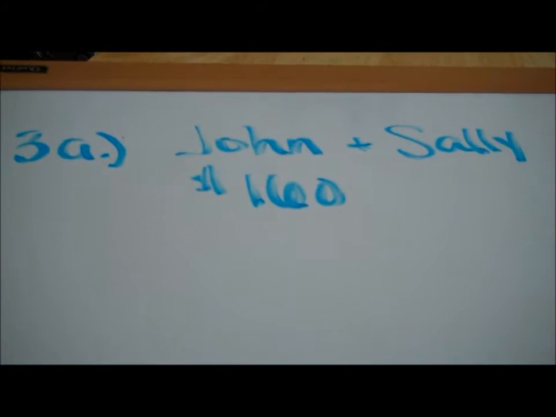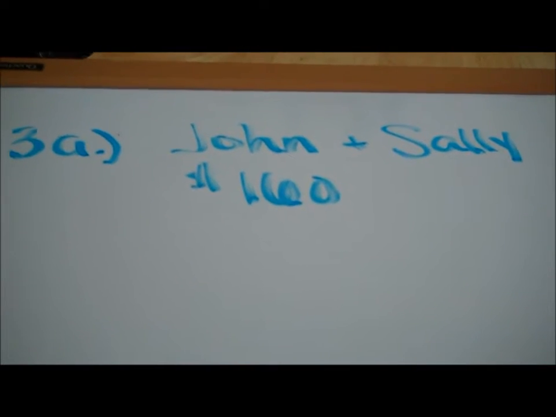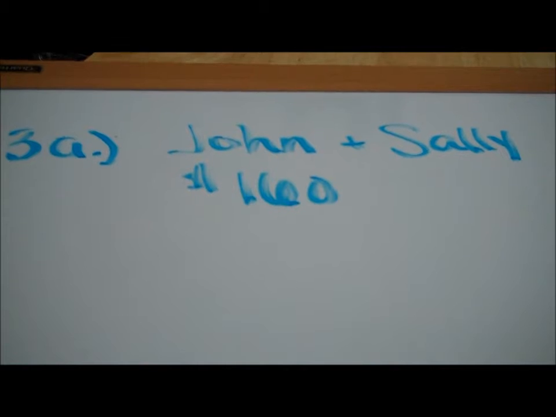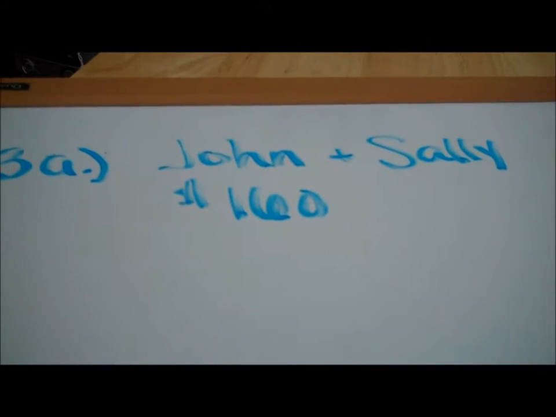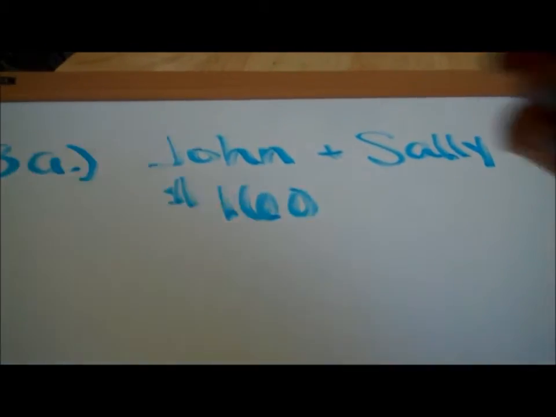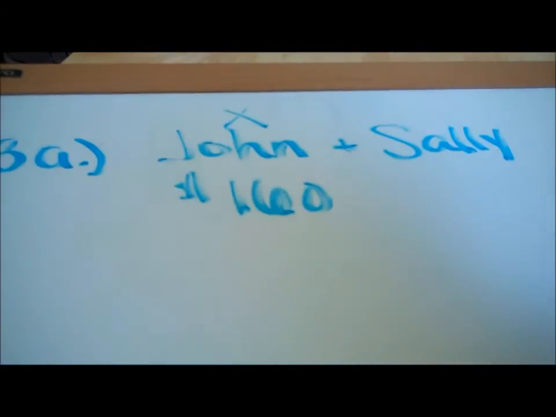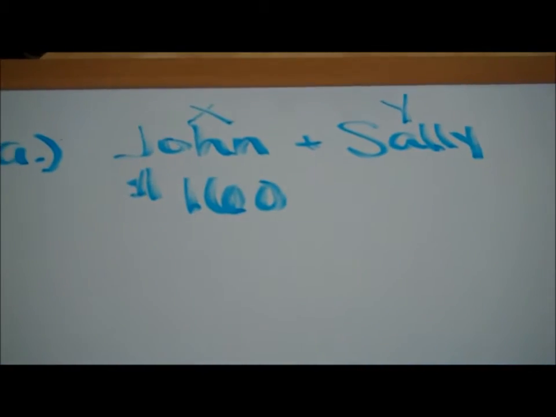Number 3A asks to write an expression for 2 unknown values. 3A says $160 is shared between John and Sally. So this is going to be 2 unknowns. We don't know what John is going to have, so we're going to have him maybe be X. Sally, we don't know what she's going to have either.